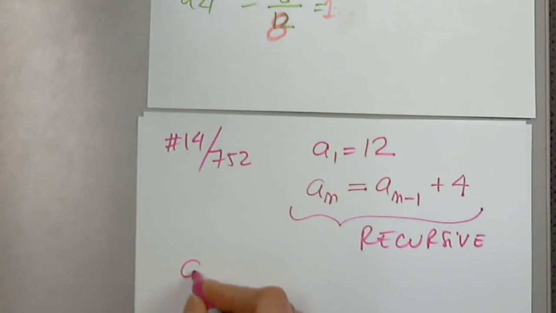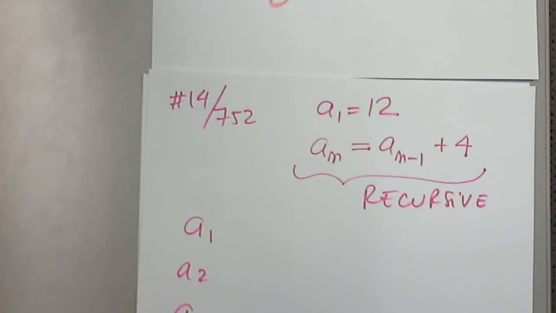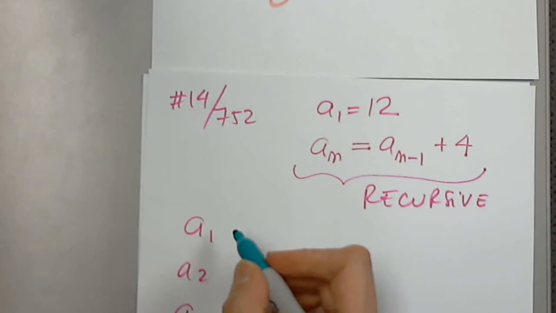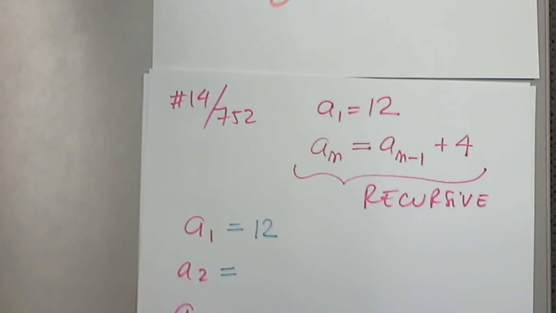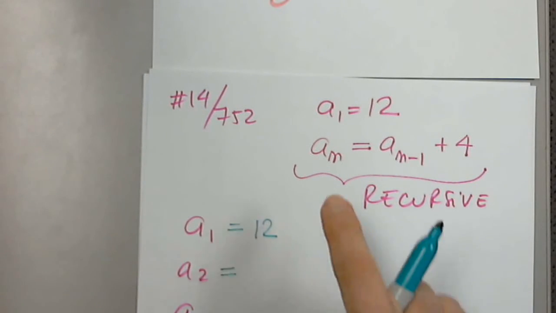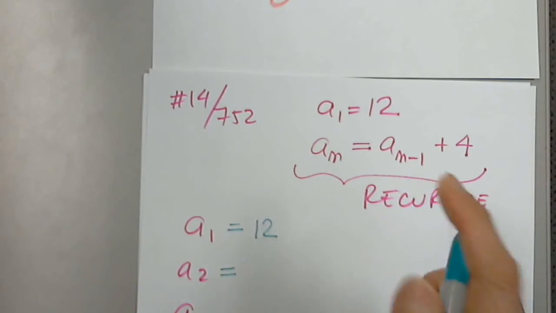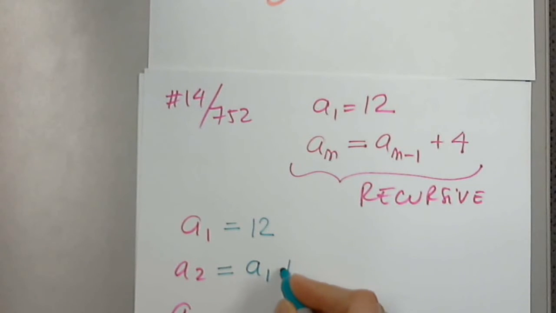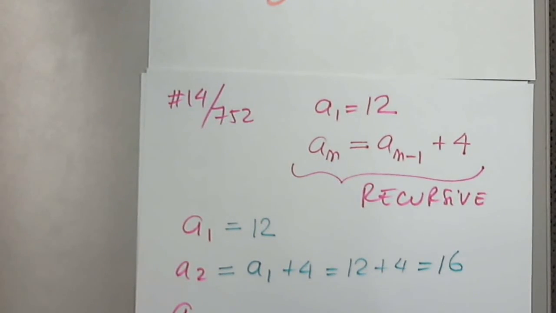Okay. So the same question. We're asked to find the first 4 terms of this particular sequence. So what is the first term of the sequence? That's it. What will be the second term of the sequence? The second term depends on the first term. So I will have to write A1 plus 4, which is 12 plus 4, which is 16.